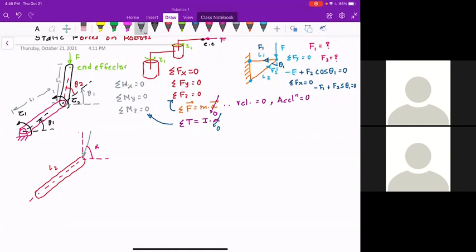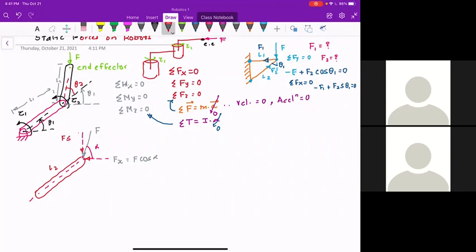So this force F would have two components. It will have a component in X direction, which is F cosine alpha. It will have a component in Y direction, which is F sine alpha.